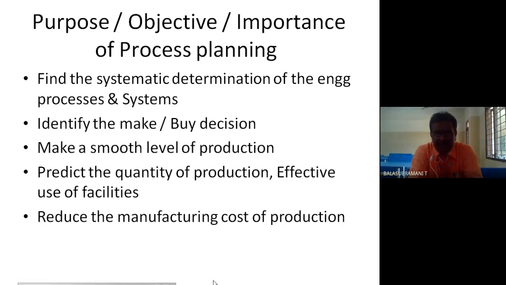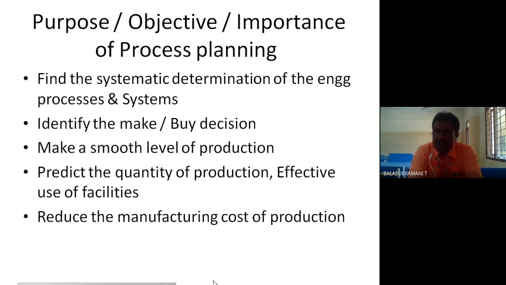Make or buy decision means, for example, a gear wheel industry needs to purchase a raw material. The raw material is, say, cast iron gear blank. Just one example, gear blank, cast iron is a raw material. You may purchase the cast iron gear blank raw material for, say, 200 rupees from the outside market also.